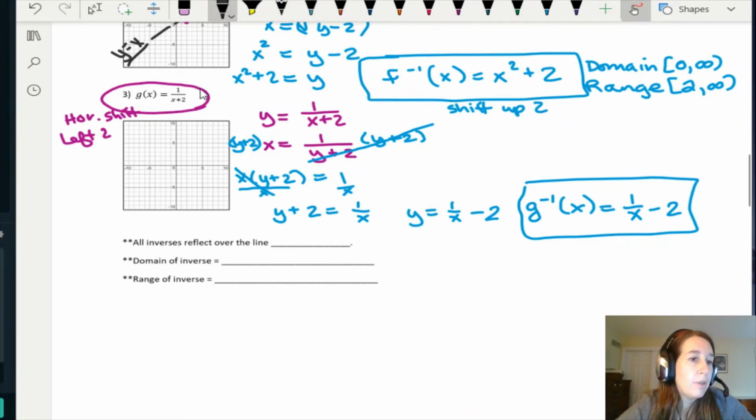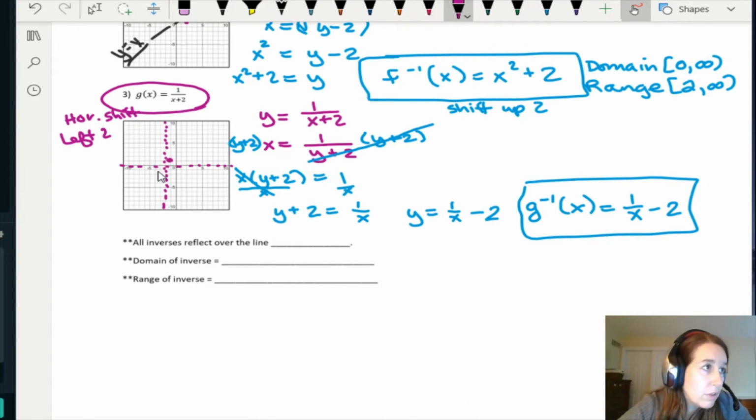So I'm going to draw, I guess I'll just keep it all in this purple, the vertical asymptote over at x equals -2 instead of at 0. And the horizontal asymptote remains at 0 because the y's didn't shift. And then the graph goes through those diagonal points, 1 away from that intersection.